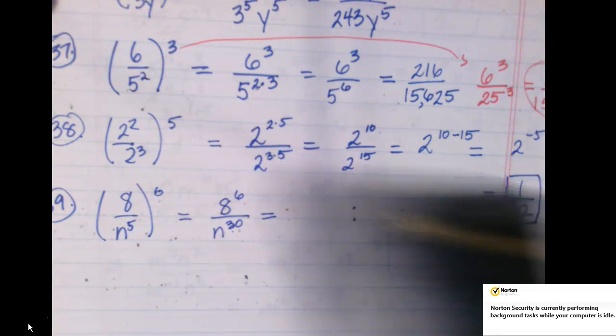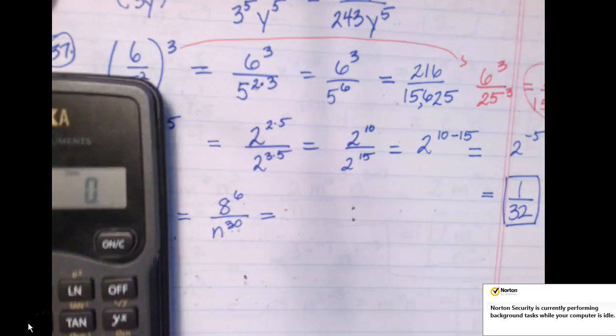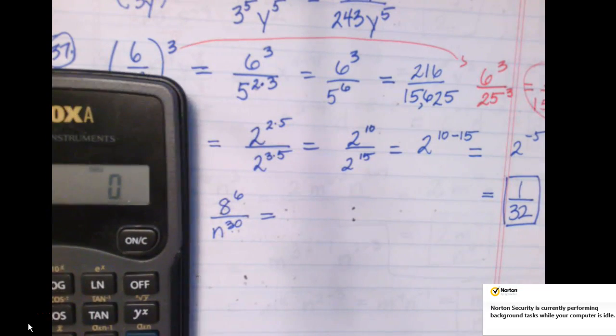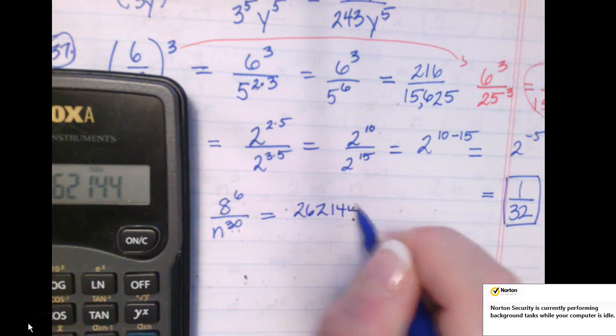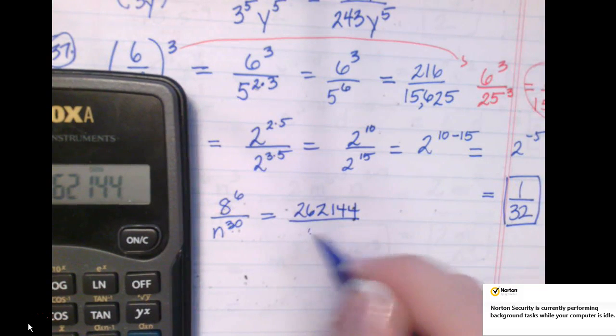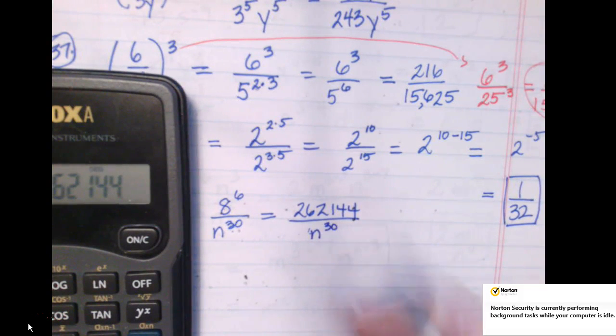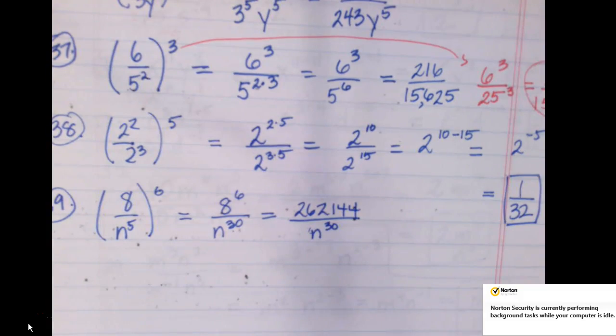And then I probably would invite you to leave it that way, but just to show you that we can, I can put 8 to the 6th in my calculator, and then n to the 30th. So that's a good answer as well.